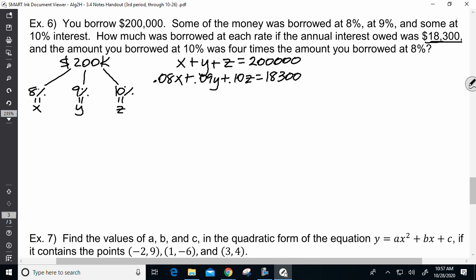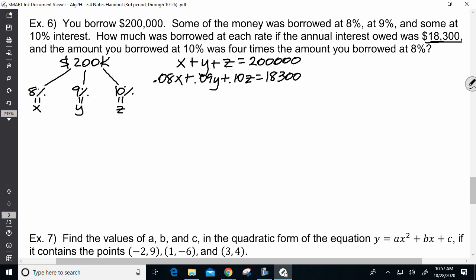So let's say I borrowed 200,000, some was borrowed at 8%, 9%, 10%, took care of that. Annual interest was 18,300, took care of that. The amount you borrowed at 10% was 4 times the amount you borrowed at 8%.